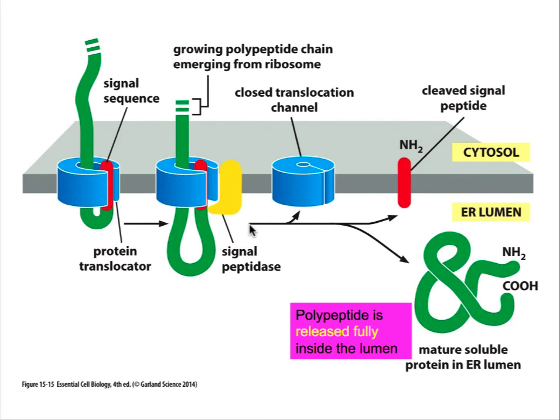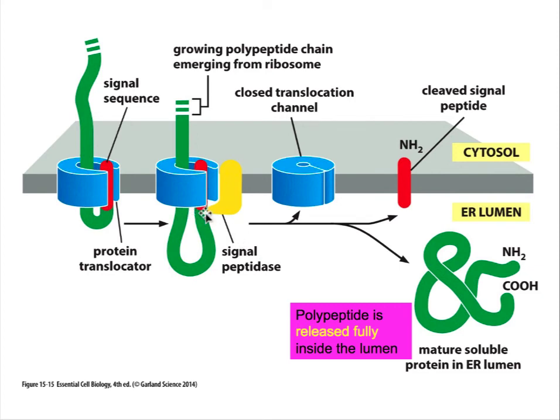The final protein that you need to learn is illustrated here in yellow, and that is the signal peptidase. The signal peptidase has the function of cutting off the signal peptide, the signal sequence, freeing up the rest of the polypeptide.